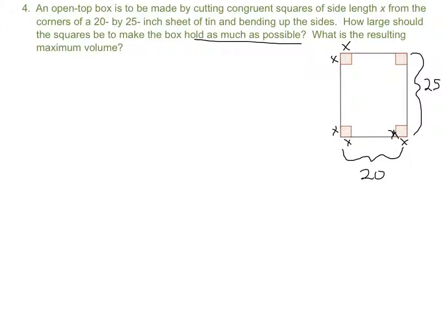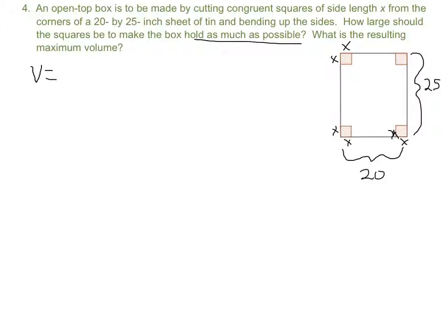So we want to know the size of the squares that will maximize the volume. And so we need to come up with the volume formula. And volume, when we have a box like this, is length times width times height. And so we need to determine what the length, the width, and the height will be.